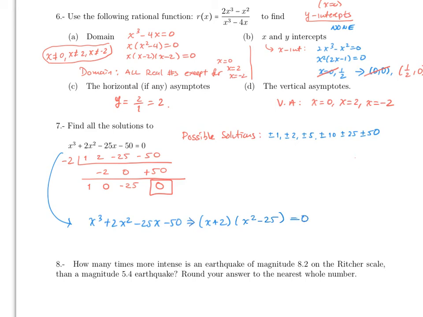And clearly this is a difference of squares, so this is x minus 5, x plus 5. So the solutions are x equals -2, x equals 5, and x equals -5.